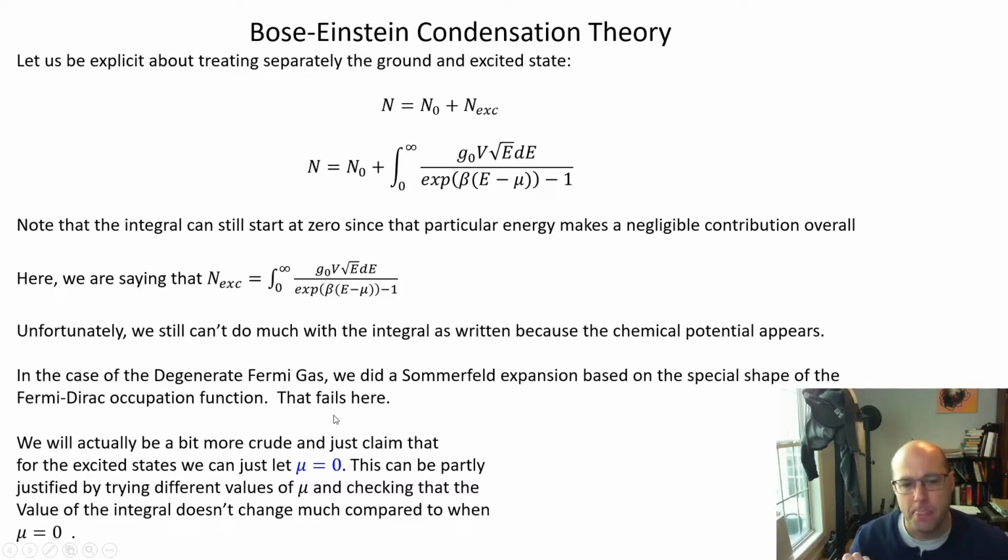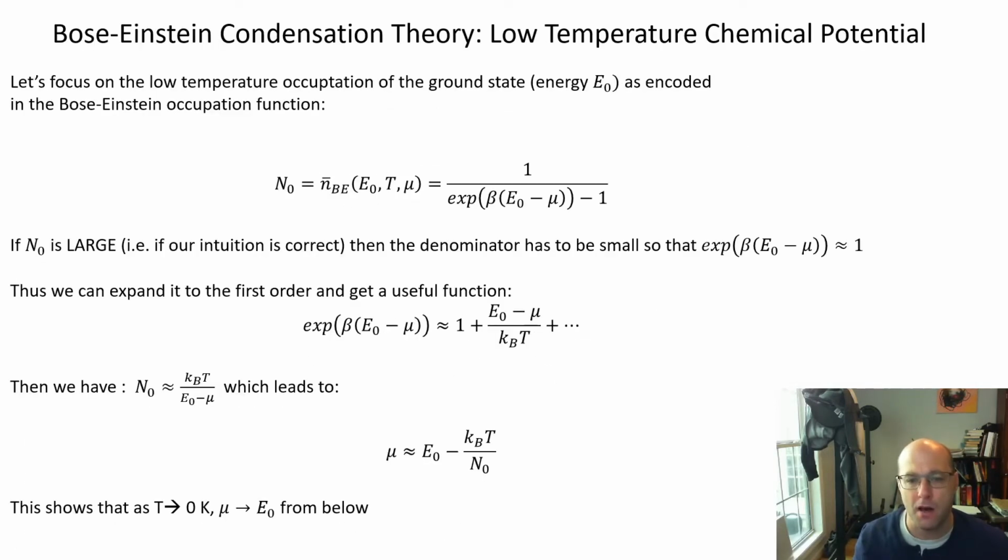But if you're concerned about this, I'm going to suggest that you go back 2 slides and take a look at values of the chemical potential that you might get for typical choices of numbers in this expansion.